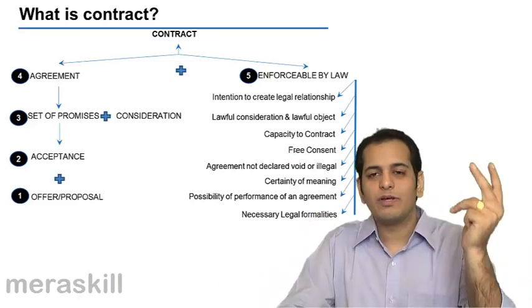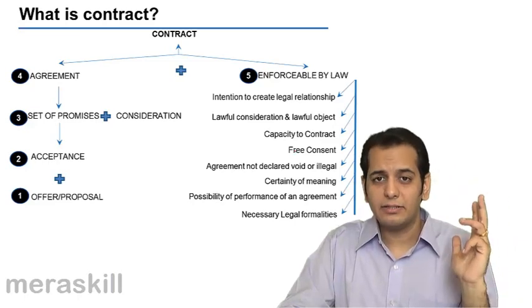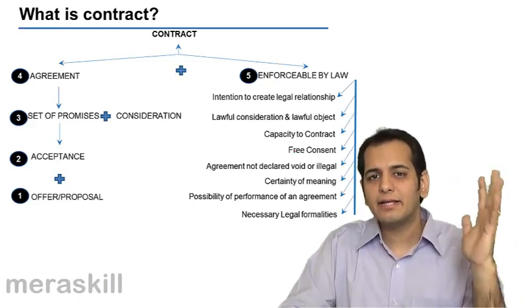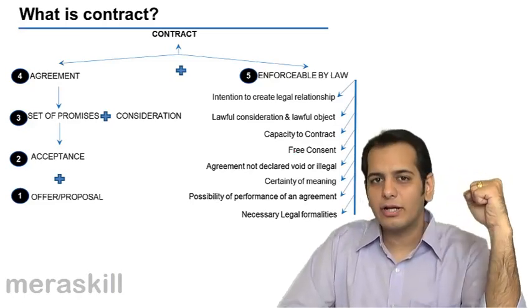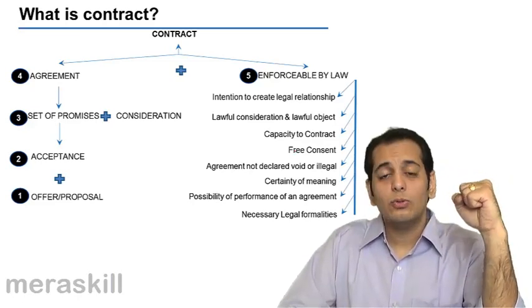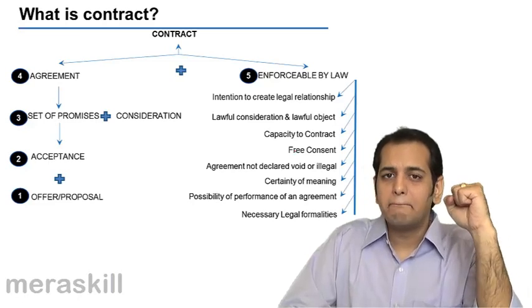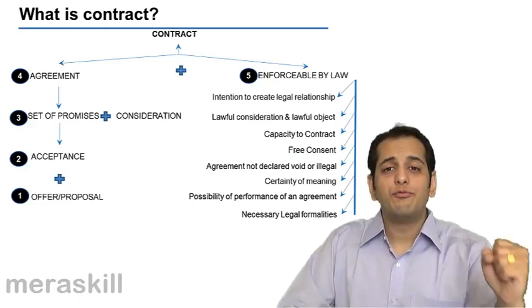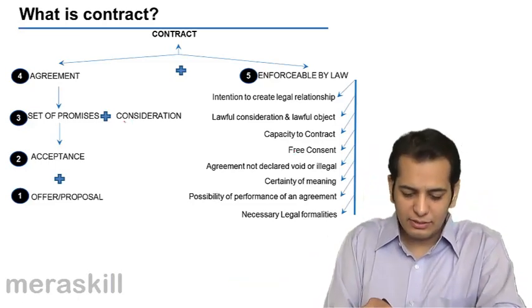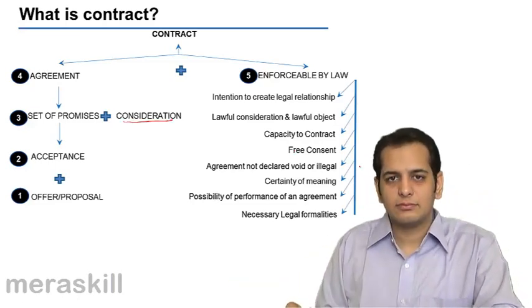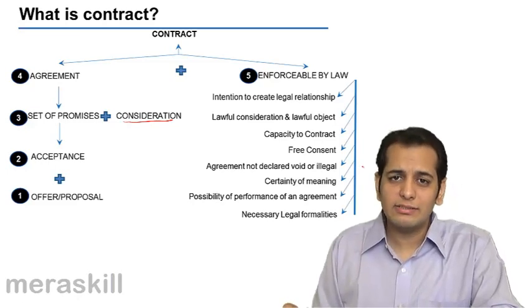And then we moved ahead, we said an agreement, and finally when the agreement becomes enforceable by law, we have a contract. So these 5 things make a contract, and one of the parts of these 5 things is consideration. Let's understand what consideration is in detail.